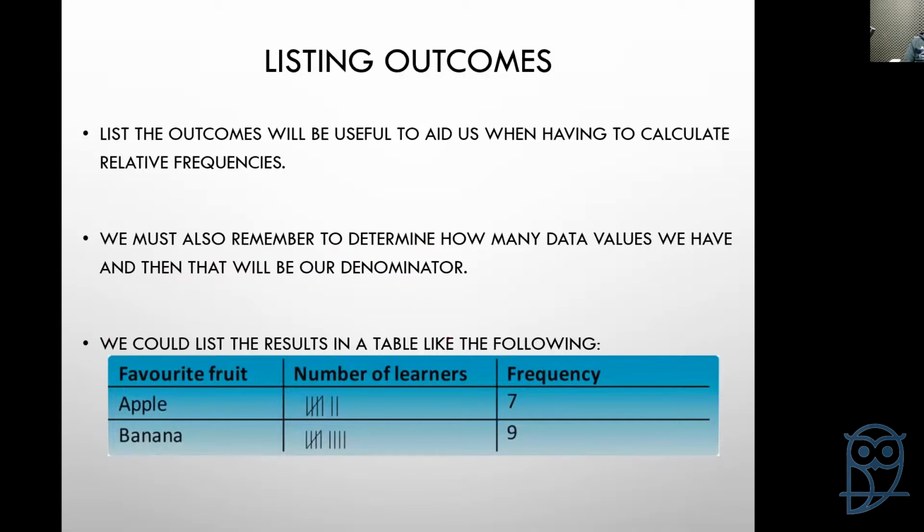So you could be given a frequency table or even a tally table, something like this. And we must remember this over here, this is my tally side, and this over here, this is my frequency side. Now, tallies are the, let's say, the starting point for frequencies.